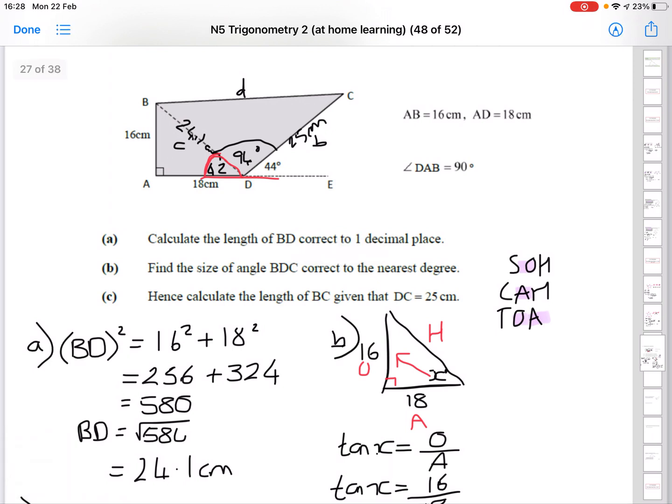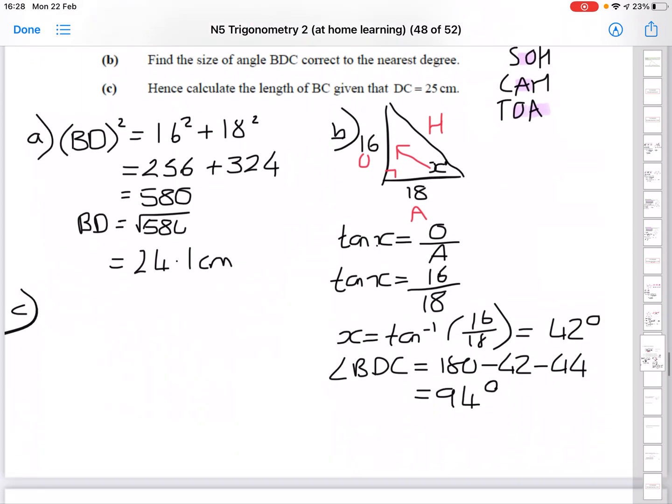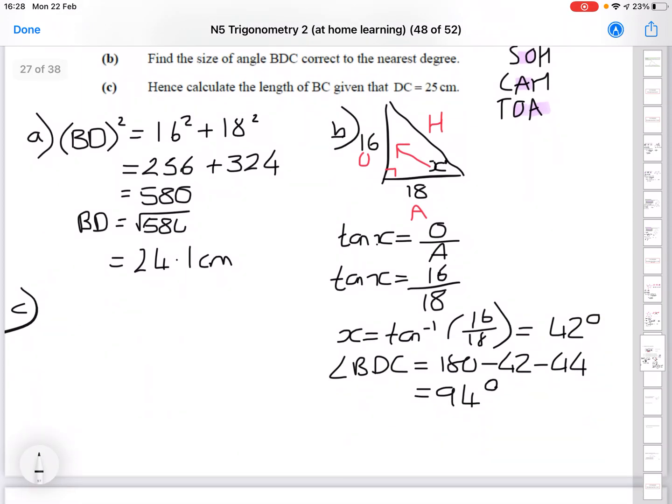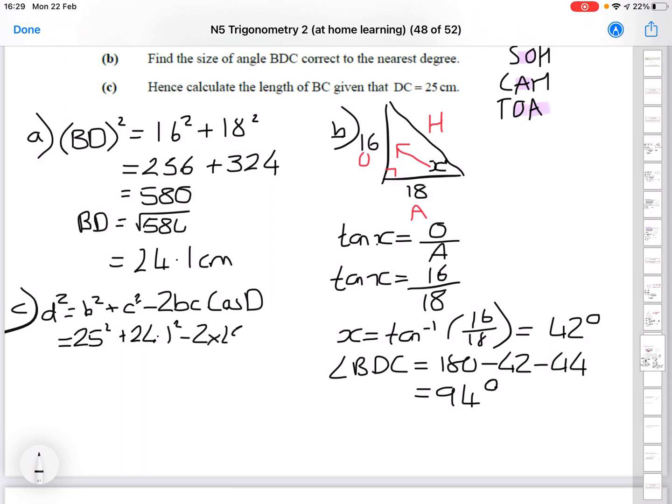So we're looking for BC, which I've labelled with a small case letter D. So the way I would set up my formula would be D squared equals, and it'll be the other two letters, so B squared plus C squared minus 2BC cos D. So in here, side B is 25, so 25 squared plus 24.1 squared minus 2 times 25 times 24.1 times cos of the answer that I just filled in, so 94 degrees.